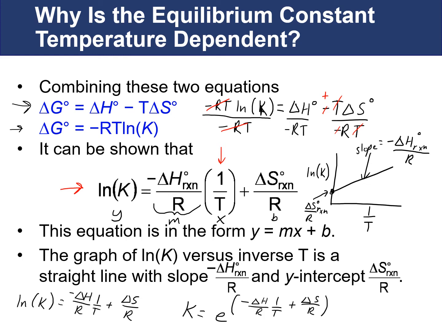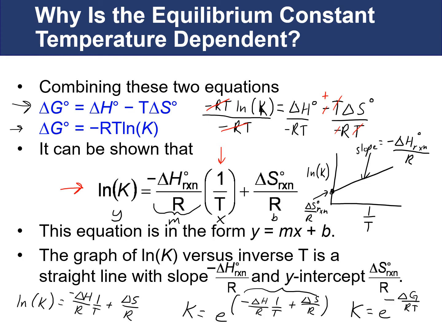And if we were working at a particular temperature and we knew the Gibbs free energy for that temperature, we could replace what's in here with our Gibbs free energy. So we could also write this out as K is equal to e to the minus delta G over RT. Right?